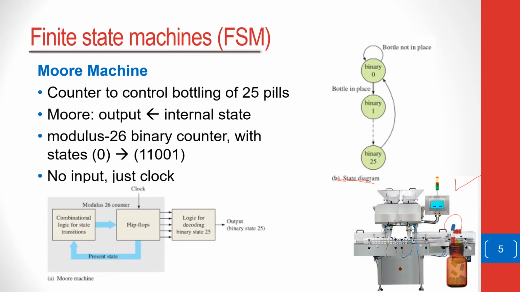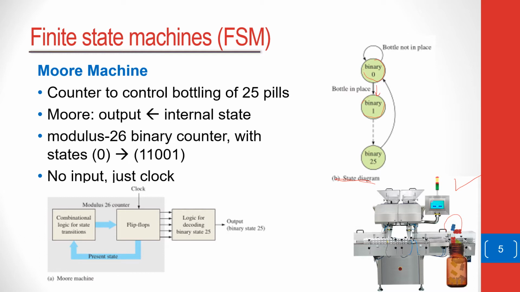In the state diagram, the circles are the states, and the arrows represent the transition from one state to the next. At state 0, when the counter is counting 0, the bottle will not be in place.